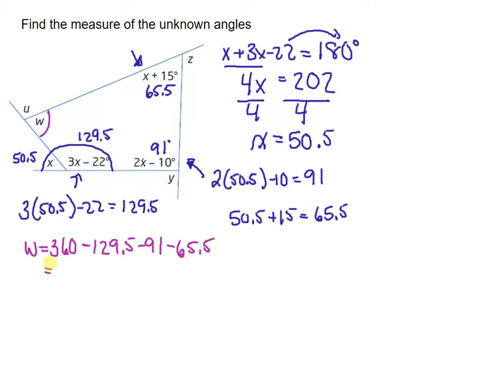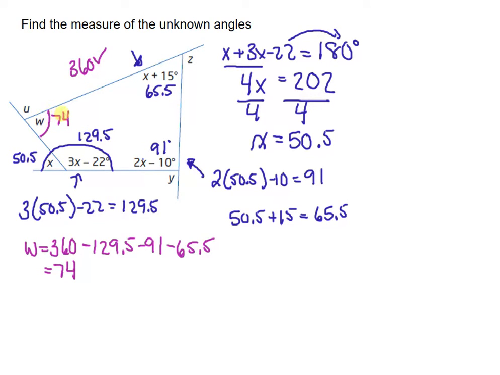We're going to subtract 91 and 65.5. I get 74. And if you want to check, you can go ahead and add all of the interior angles. So 74, 65.5, 91, and 129.5. They do indeed add up to 360 degrees. So that's a good check.